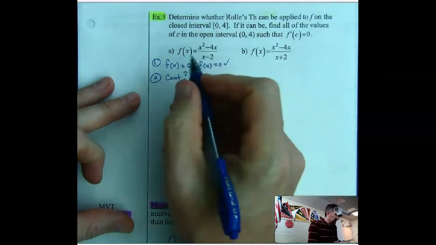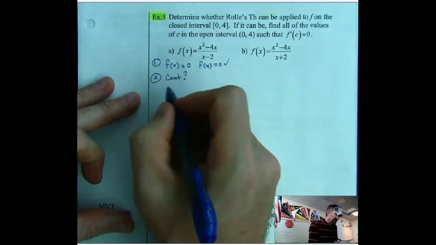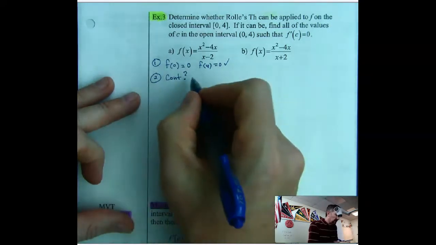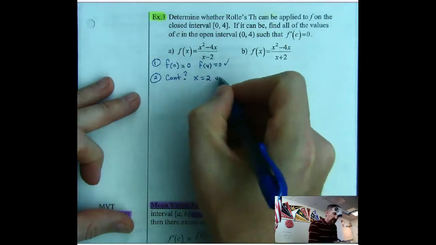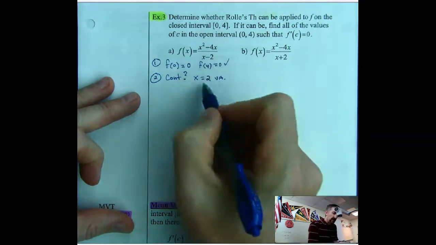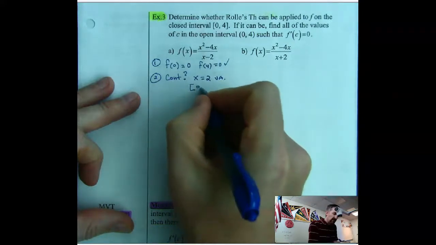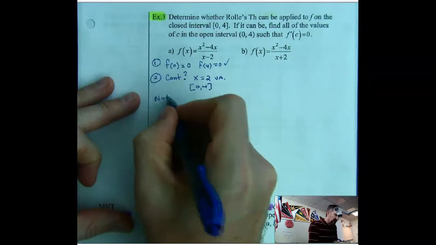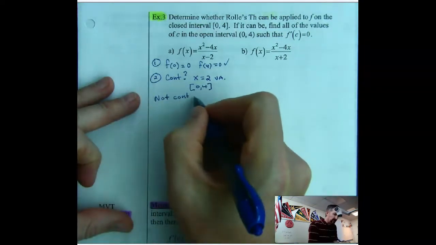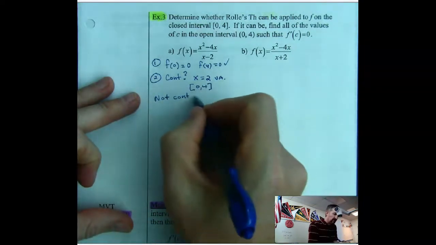Okay, so x equals 2 is a vertical asymptote, and that is on the interval from 0 to 4. So it's not continuous on 0 to 4.